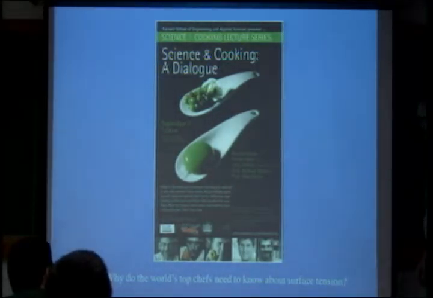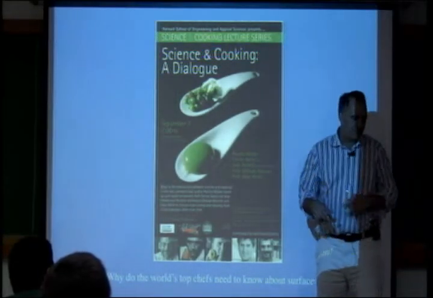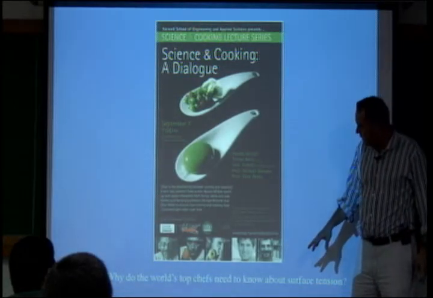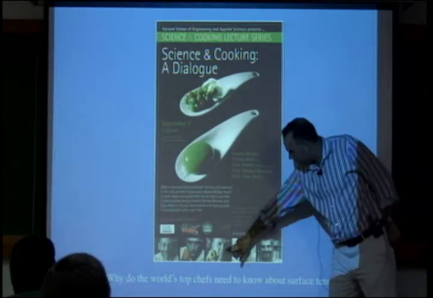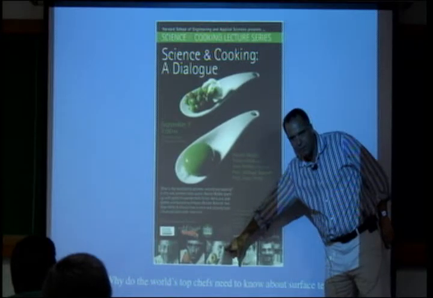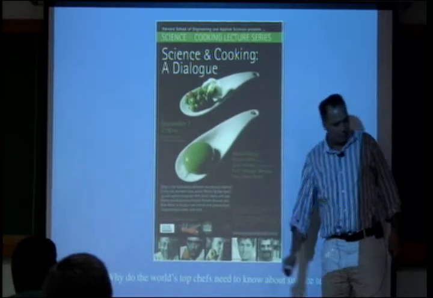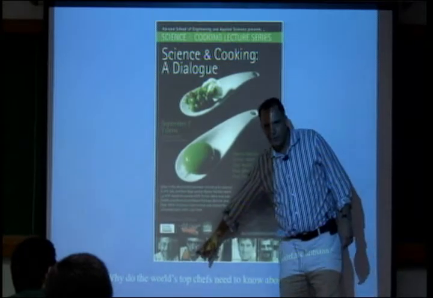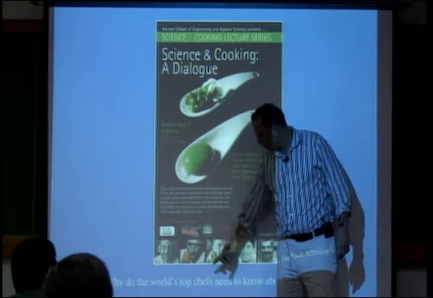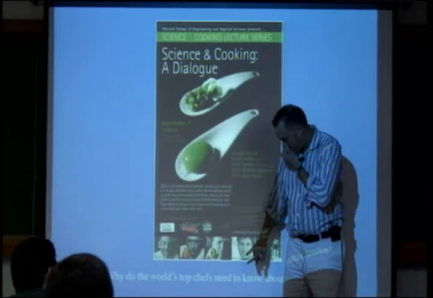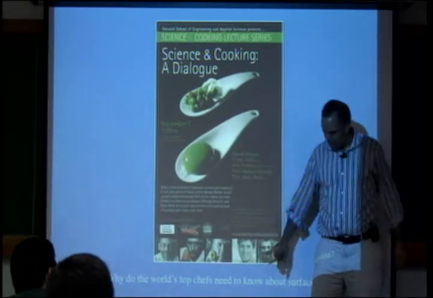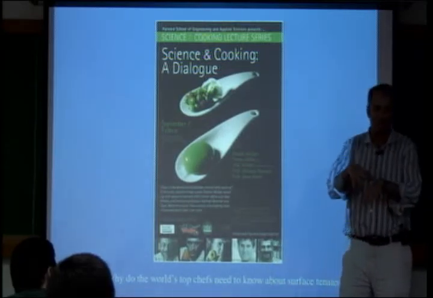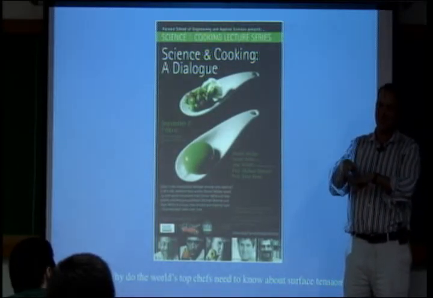Some of these techniques have come out of our lab and are being used by Jose Andres, who's a top Spanish chef in the States. He worked with Ferran Adria, who had El Bulli, which was the number one restaurant in the world two years in a row. He's the American wing of it, and he's using this in his restaurant. They have these ridiculous meals where you have 30 courses or something, right?